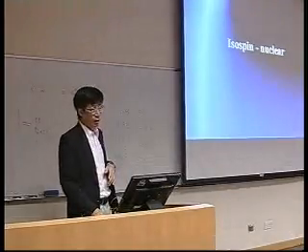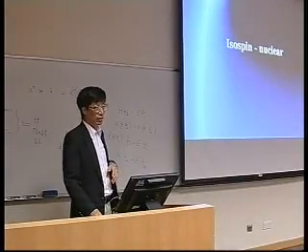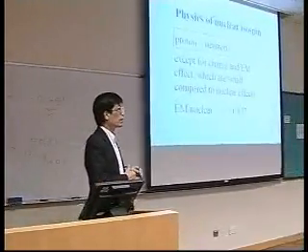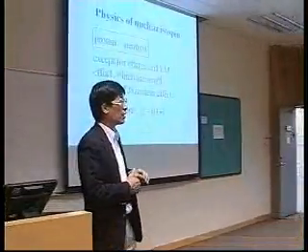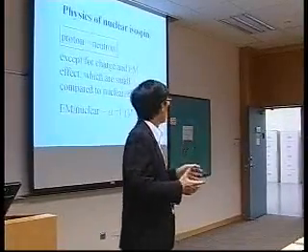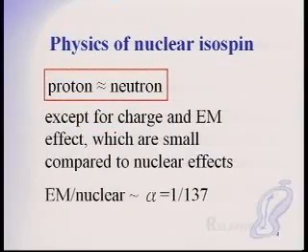So let me start with the idea of isospin in the context of nuclear physics, starting with some physical observations. The physical observation is very simple: the proton is nearly the same as a neutron, except for charge. Except for charge means except for the electromagnetic interaction.